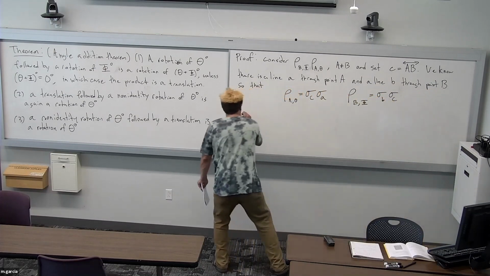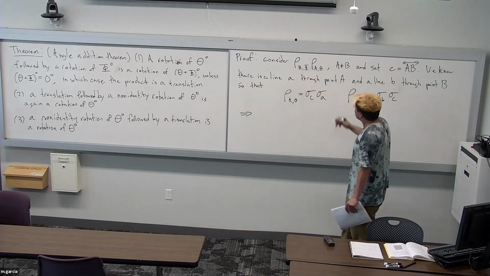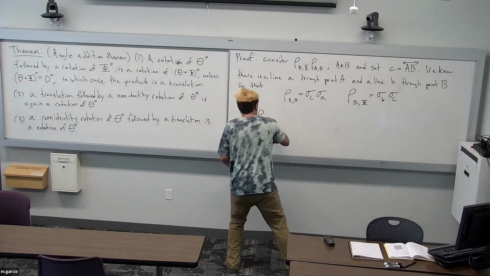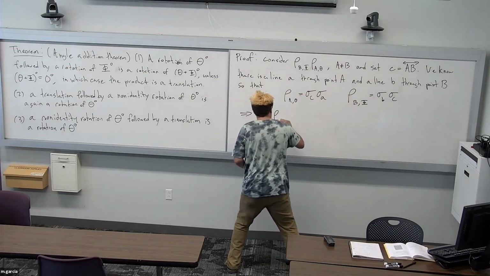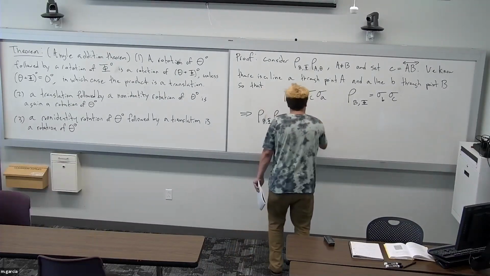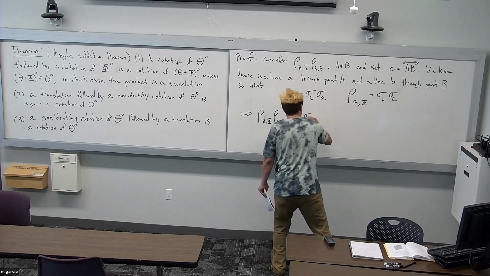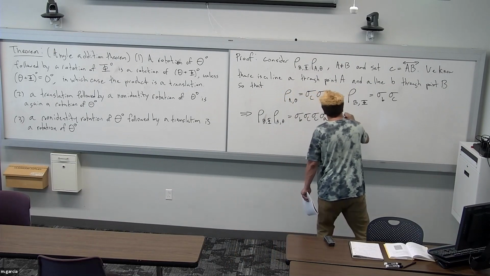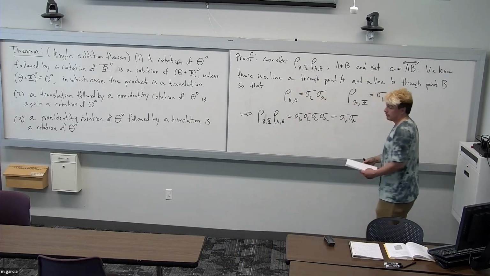So now if I look at my product, rho sub b comma phi, rho sub a comma theta, it is just equal to sigma b, sigma c, sigma c, sigma a, which is just sigma b, sigma a, right?